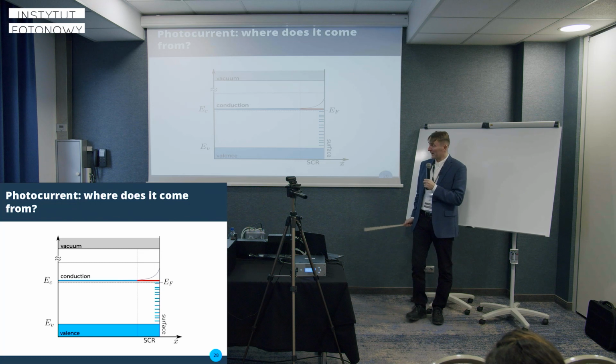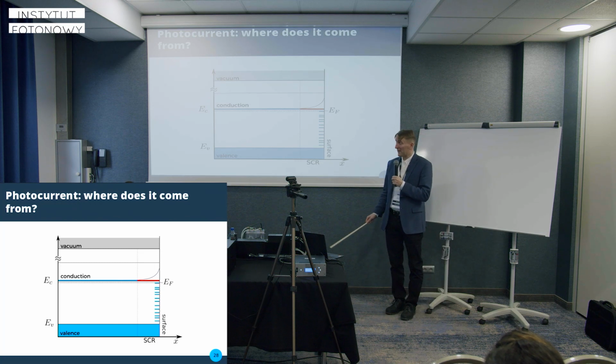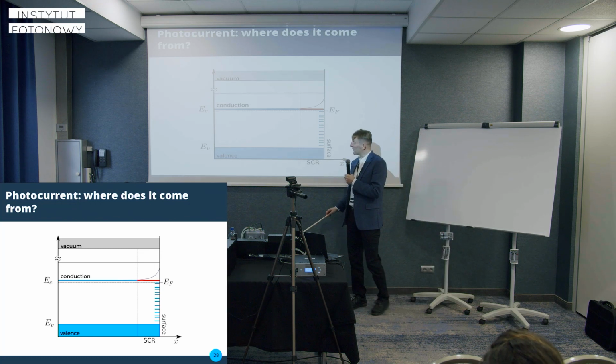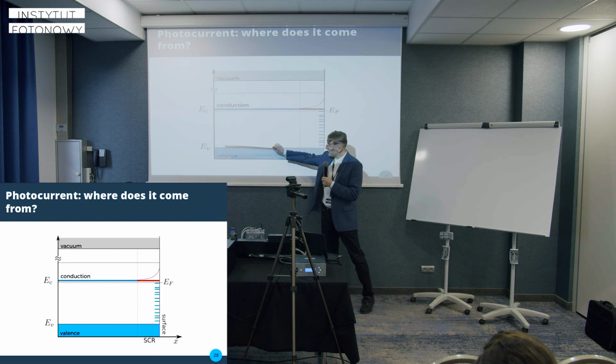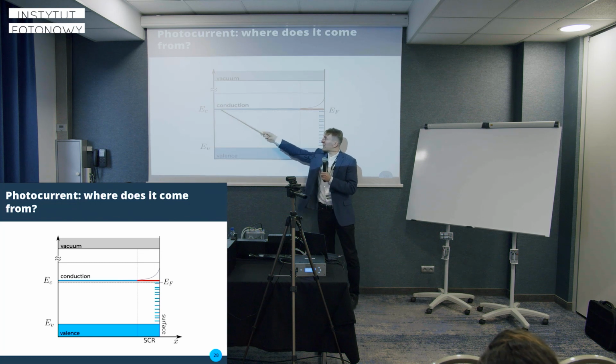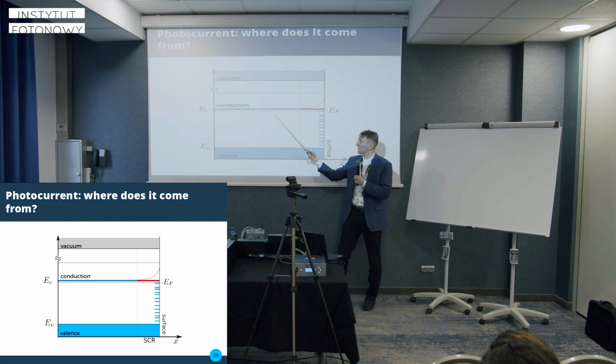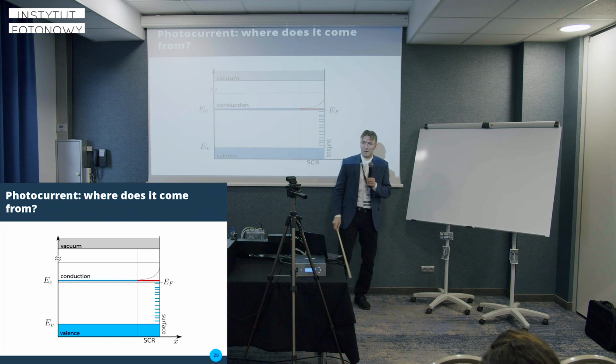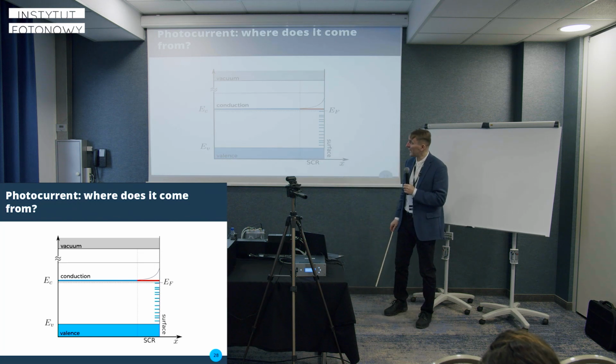So let's go back a little bit to energy diagrams. Those energy diagrams show a valence band over here and the conduction band over there. And we see that some electrons are in the conduction band. So this is an N-type semiconductor.